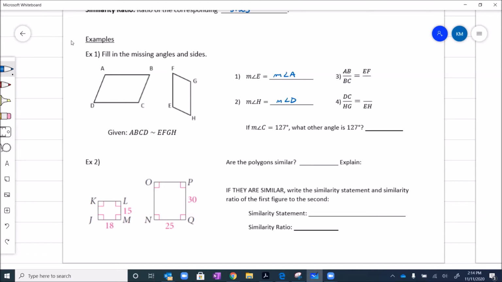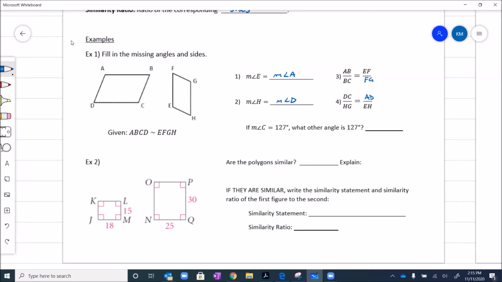Here it says AB over BC should be the same as EF over FG. DC over HG should be the same as something over EH. So EH first and last, AD first and last.